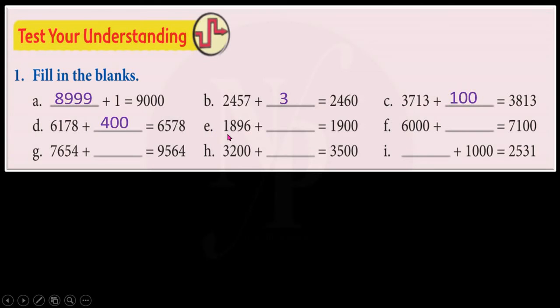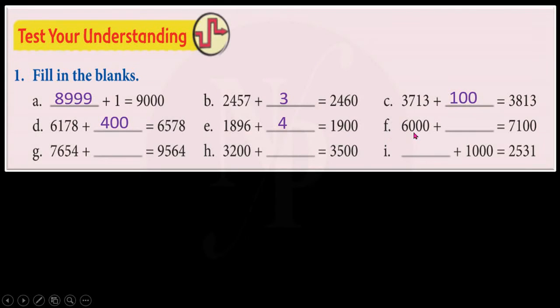E, 1,896 plus a number is equal to 1,900. Look here, 1,896 is 4 less than 1,900. Therefore, if you add 4 to it, it will become 1,900.